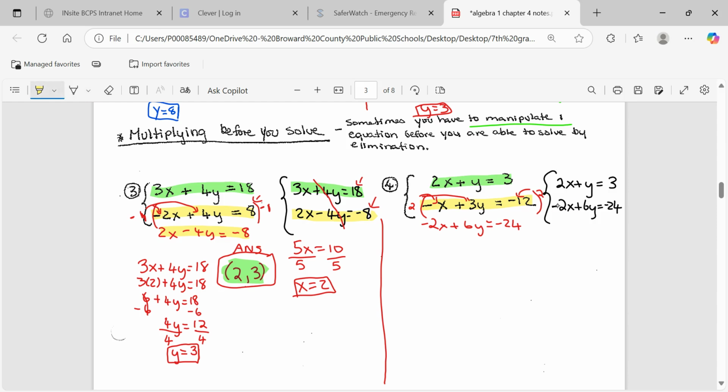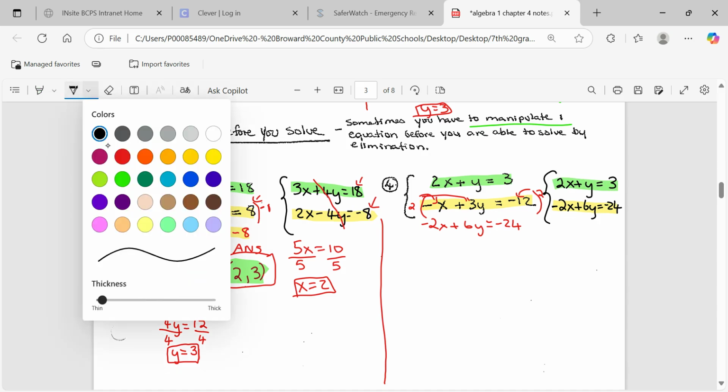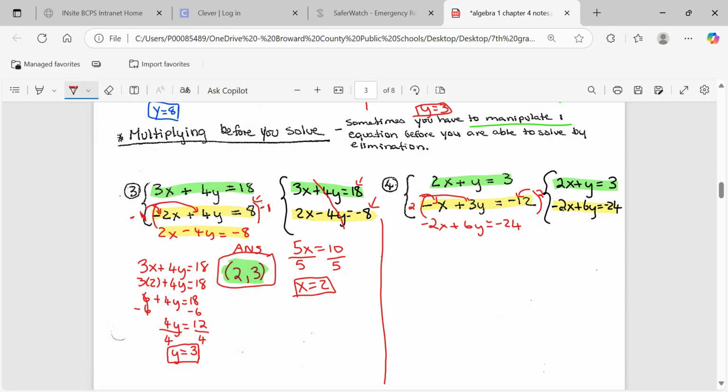This is still the yellow equation. It's just an equivalent form of that. And this is still the green equation. I didn't do anything with it. But now I can see that my 2x and my negative 2x, they cancel out. Positive 2x and a negative 2x, they'll cancel out.